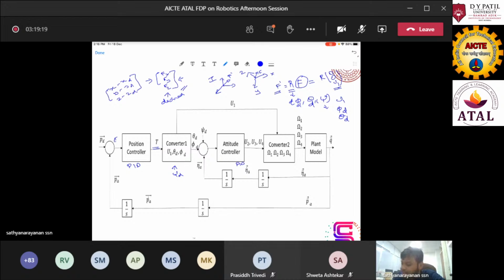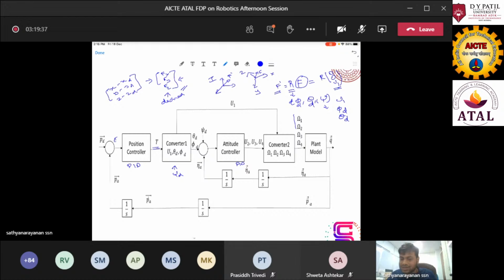And the converter I have discussed earlier, which is nothing but that A inverse: U1, U2, U3, U4 through A inverse will just give you your desired rotor speed, which is given to the plant, the quad rotor model.